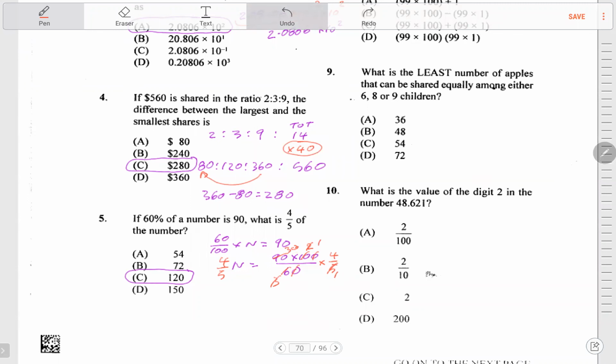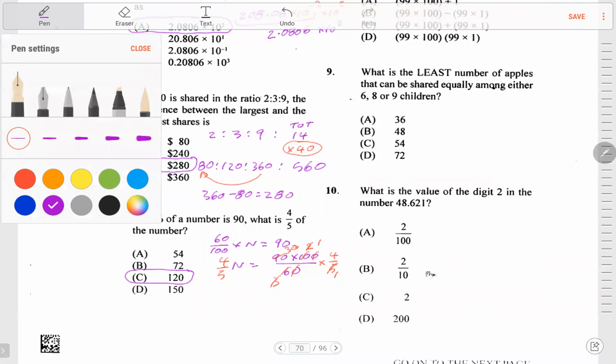Anyway, work it down, you're going to get the same answer. So it's 120. That is the answer.